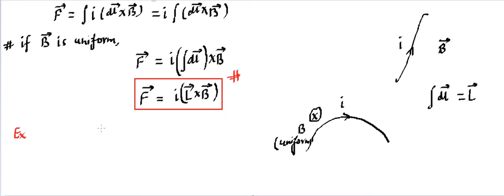For that sake L has to be decided, and in case of uniform, this L is going to be starting from the starting point. So that's the starting point of the wire and that's the final point of the wire. So what we need to do is join the starting point with the final point. So this is going to behave like the L vector.